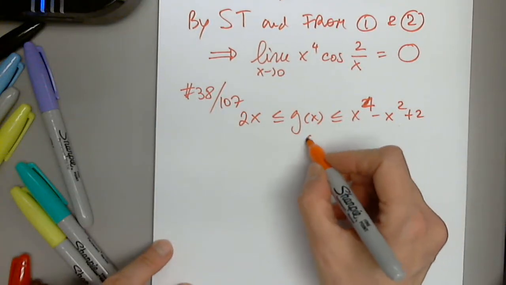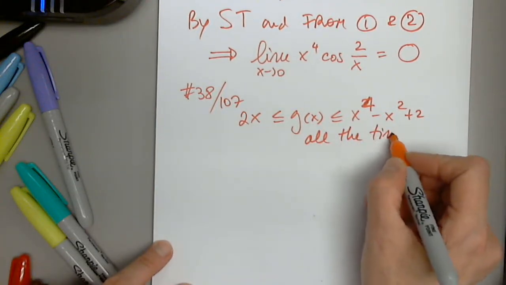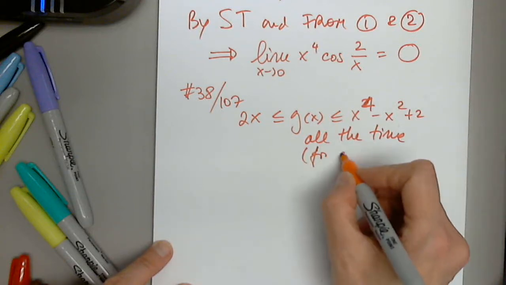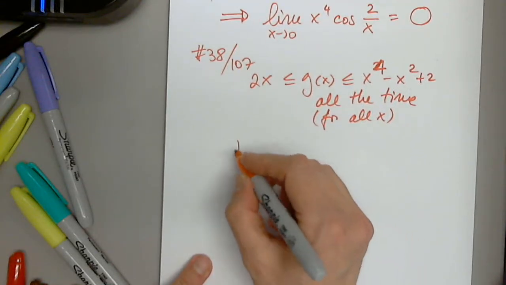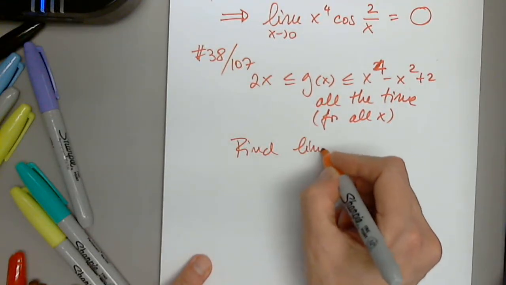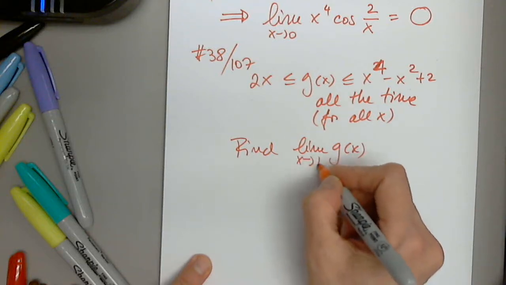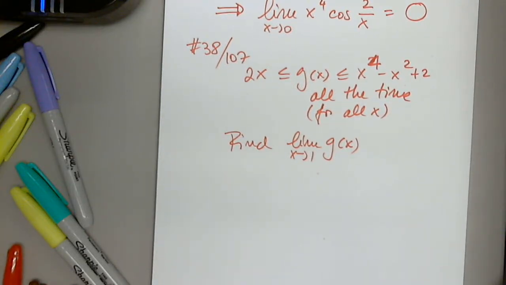In other words, for all x values, they're asking us to find the limit of g of x as x approaches 1 from either side.